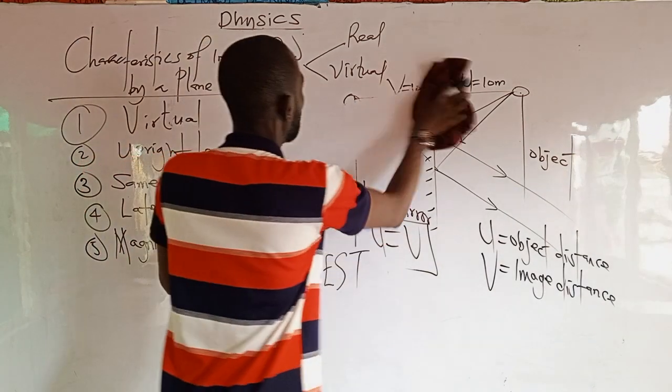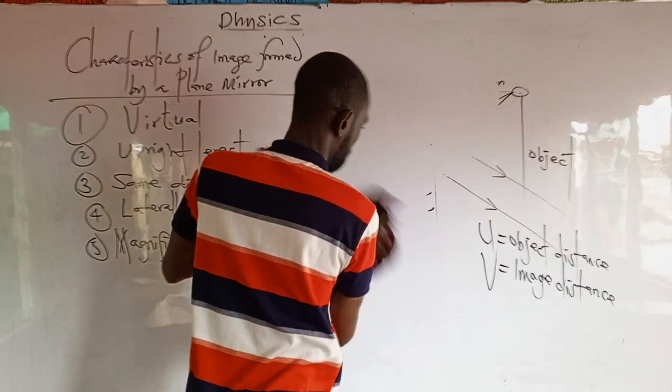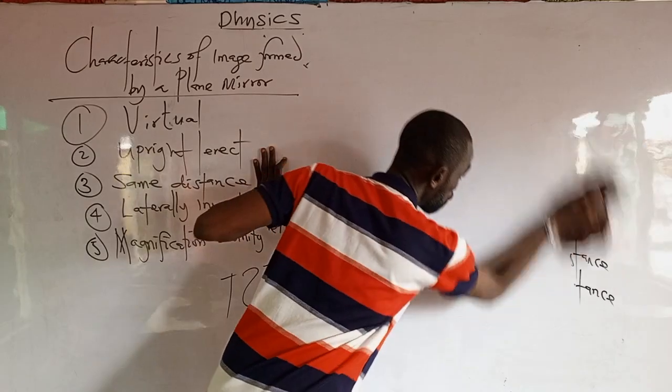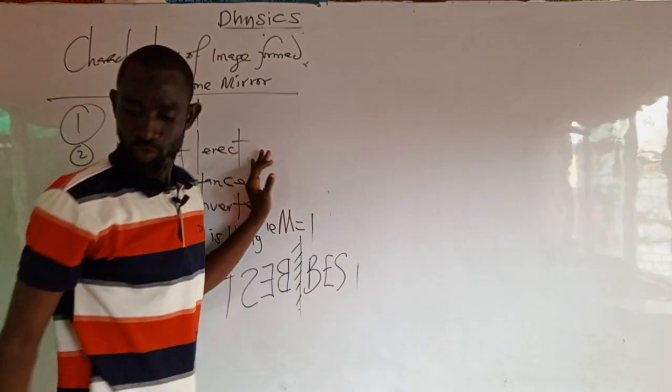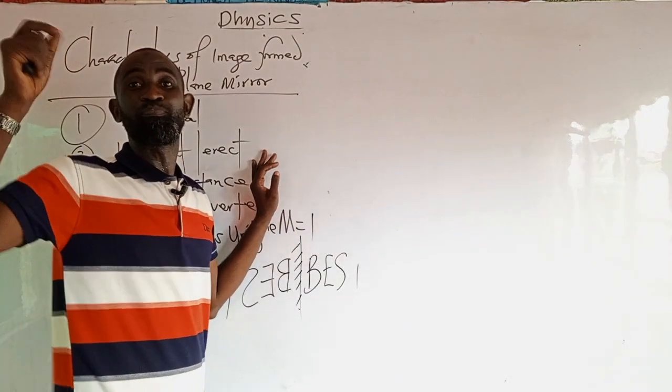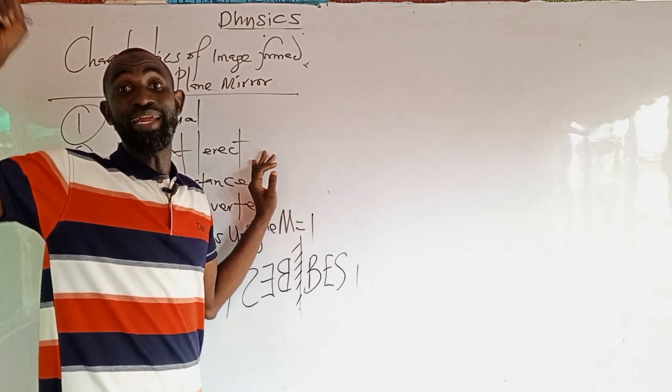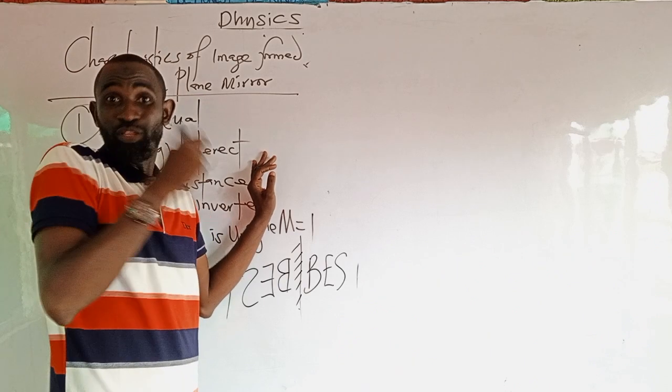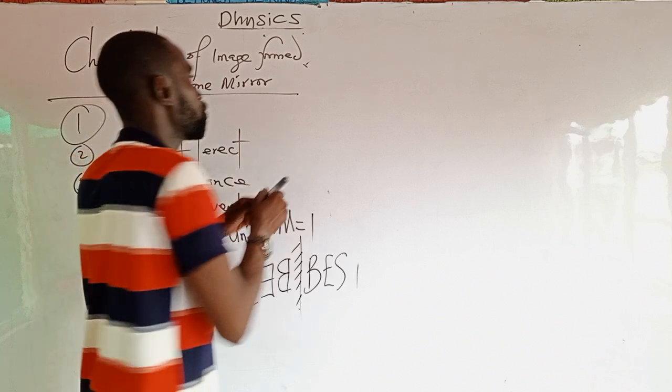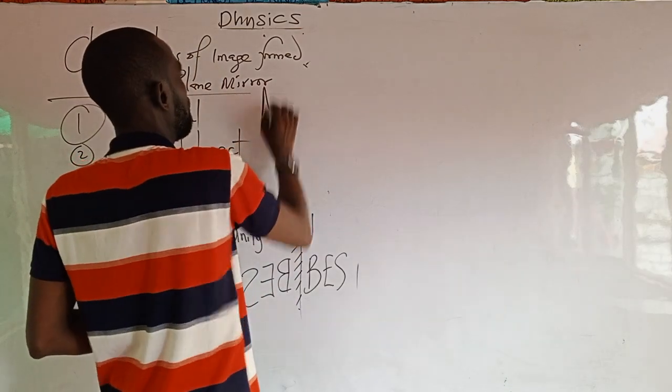So let's go class. Take note, because you're going to be asked questions under what now? Under this formula. Are you with me? So M for magnification. What the formula is?